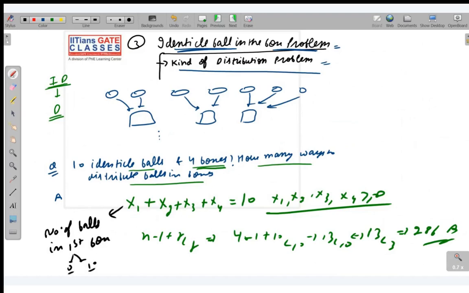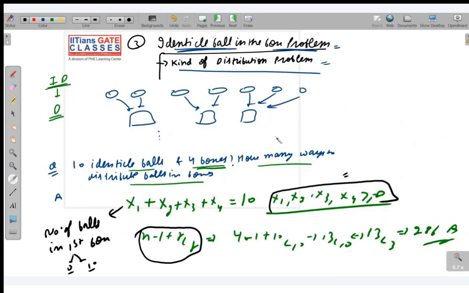Only when there is no constraint can we apply this formula. Rather, only one constraint is there: all should be greater than or equal to 0, and no other constraint like at least one ball should be in the box. Such types of questions have been asked in GATE, by the way. How many ways to arrange 10 balls in 4 boxes such that every box should have at least one ball?